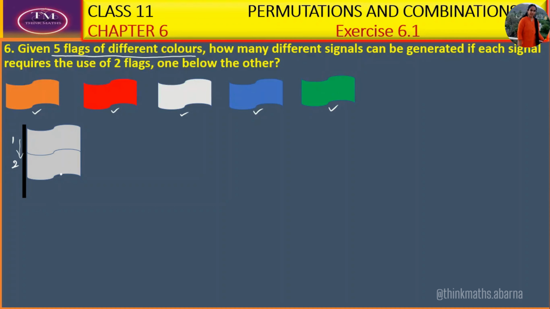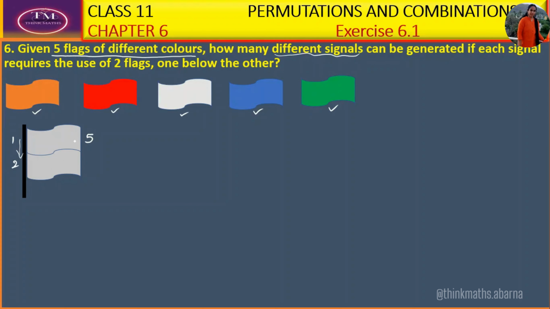So it is a different flag. How many colors are there? 5 colors are there. So any of the 5 colors can be used here. For the first flag on top, you can use any of the 5 colors. But it is a different signal. So what you have to do? You have to use a different color in the bottom part.